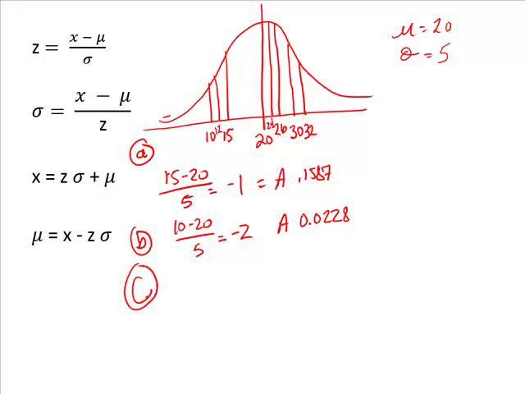Now C, the original question was more than 20 minutes. And Ben, why was that an easy one? Yeah, because the mean is 20, and so 20 minus 20 is 0. So it's half, right? Half the games can be built in more than 20 minutes. But then I changed your question and I said in less than 30 minutes. So what do we do?